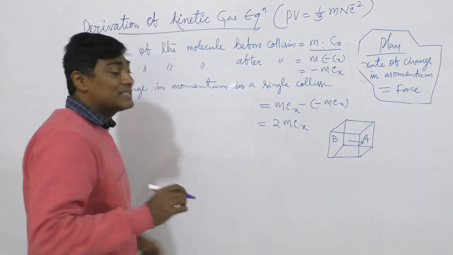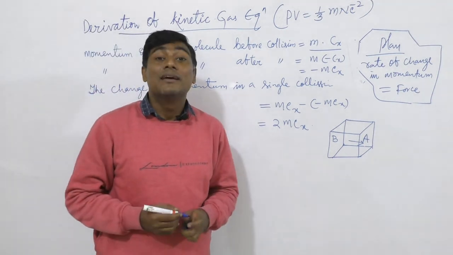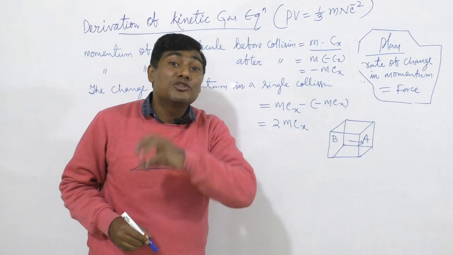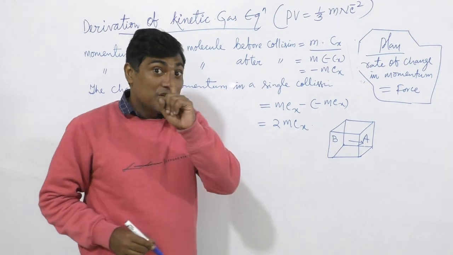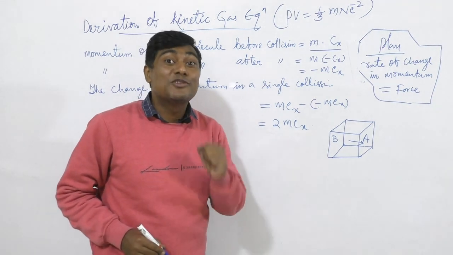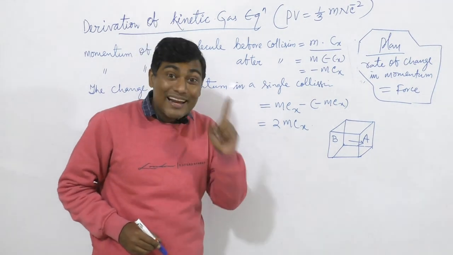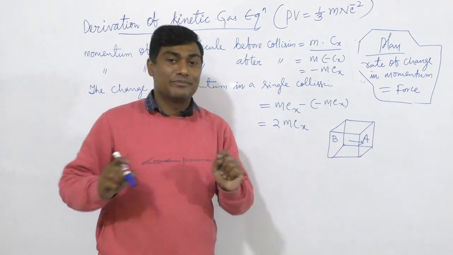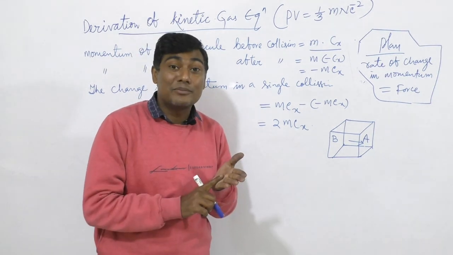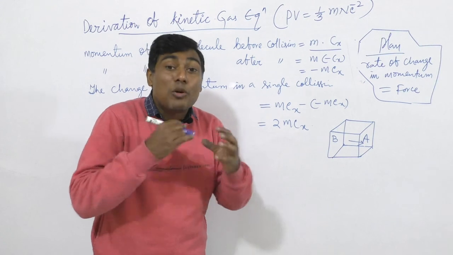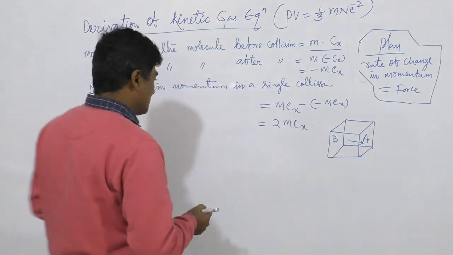Right? Now we will calculate the number of collisions per second. Since we are going to calculate the rate of change in momentum, rate means with respect to time. So let us determine the number of collisions per second.